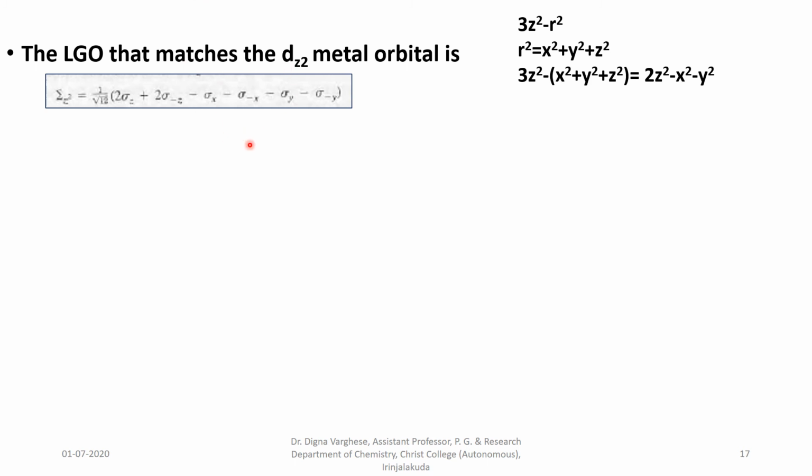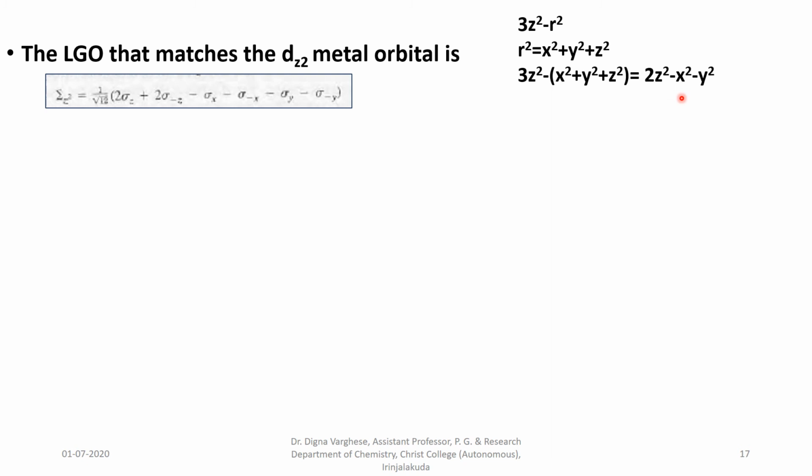The analytical function for the dz² orbital is proportional to 3z² minus r². The proper orbital combination is easily written down by substituting r² equal to x² plus y² plus z². Therefore, 3z² minus (x² plus y² plus z²) is equal to 2z² minus x² minus y².